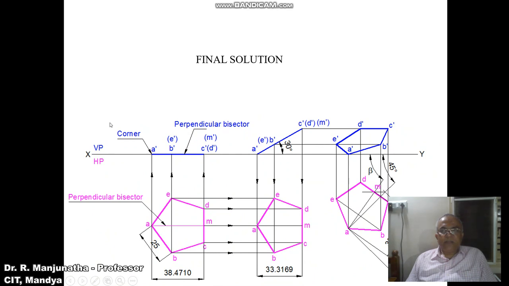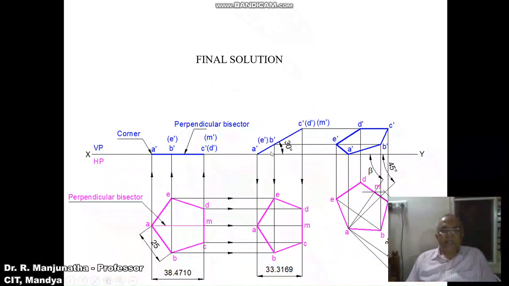As it says that one of the corners is resting on HP, consider any point on the XY line at some suitable distance from the first position front view, and you mark that point as A dash. With respect to the XY line, by using the protractor, you measure an angle of 30 degrees and draw an inclined line. Then by using the compass, with A dash as center from the first position, measure the distance A dash C dash.